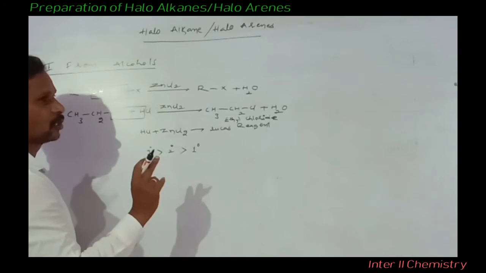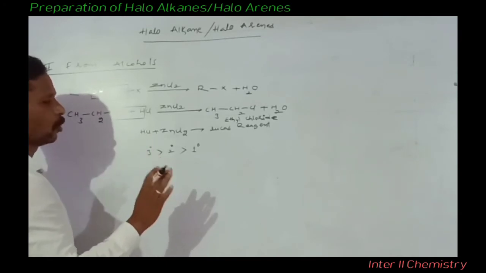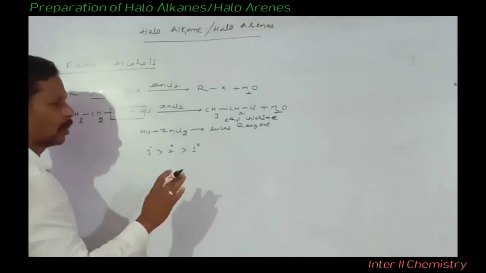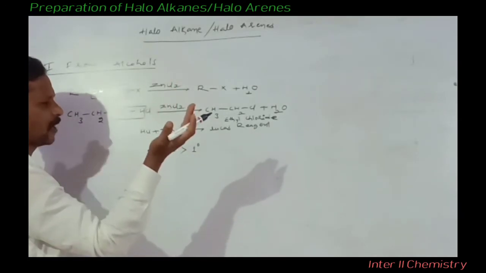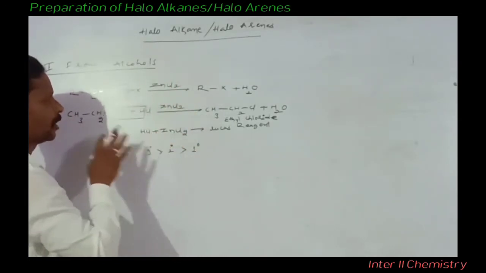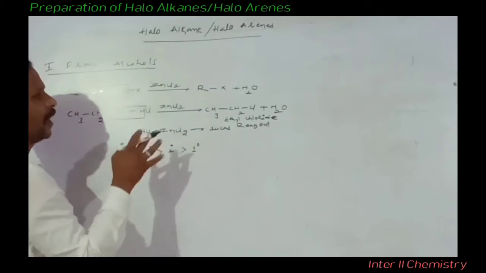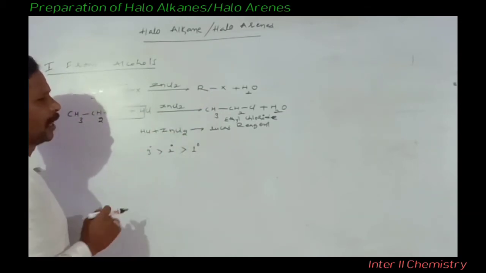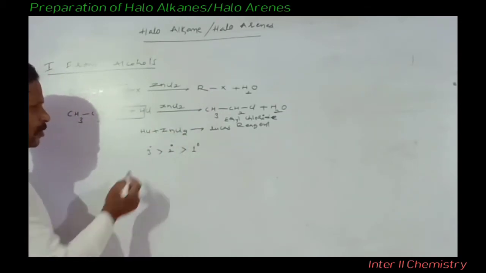So this is tertiary alcohol, this is secondary alcohol, and this is primary alcohol. We will discuss this reaction again in alcohols. Here we are preparing the alkyl halides using the Lucas reagent.